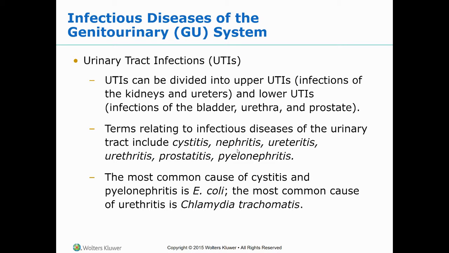When it comes to the final one, this is the genitourinary tract. This mostly has to do with urinary tract infections, and you can have two different types. You can either have infections of the kidneys and the ureters, which is the upper portion of your urinary tract, or you could have it in your lower portion of your urinary tract, which would be the bladder, urethra, and possibly prostate.